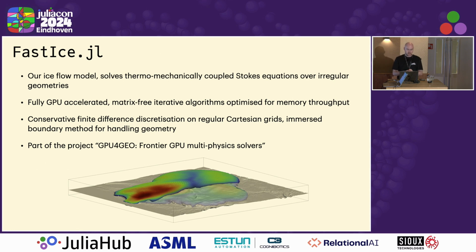So yeah, we use conservative finite difference discretization on regular Cartesian grids because this is the simplest way to tick all the boxes that we need. We need conservative methods because we have sharp gradients of the fields, including temperature. If the method is not conservative, like for example the standard continuous Galerkin finite elements, then there can be some significant effects like loss of energy.